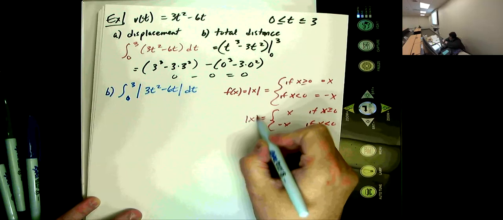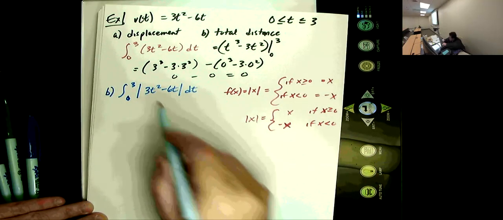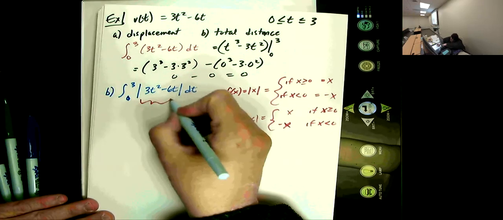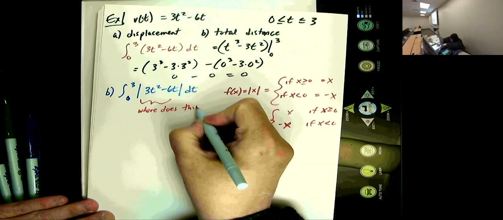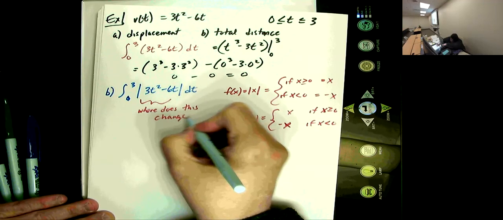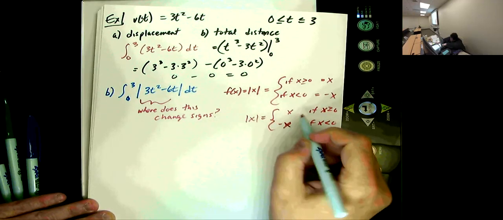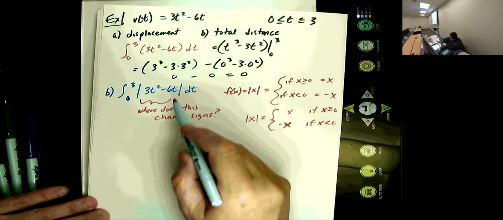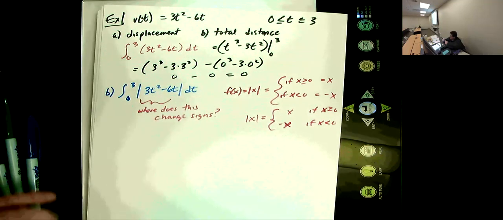So absolute value of x is that way, which means we need to figure out where this changes signs. Because when it's positive, we're going to leave it as is. When this is actually a negative value, we're going to make this negative instead of having absolute values.